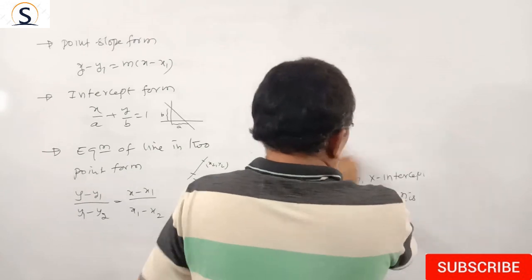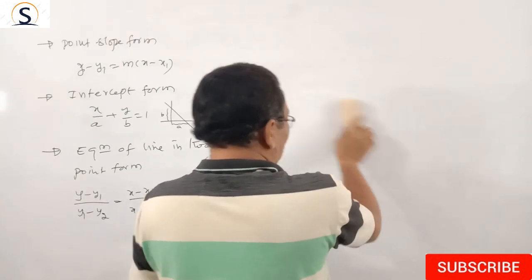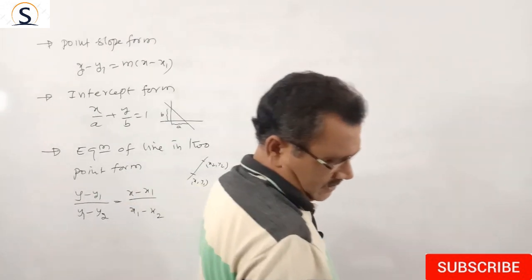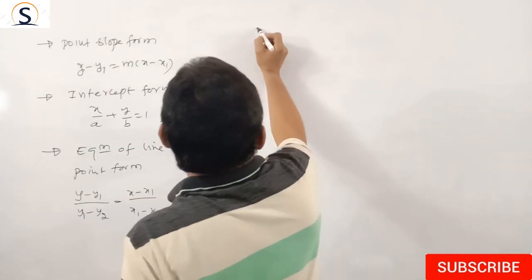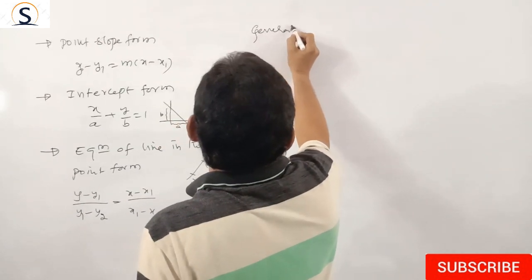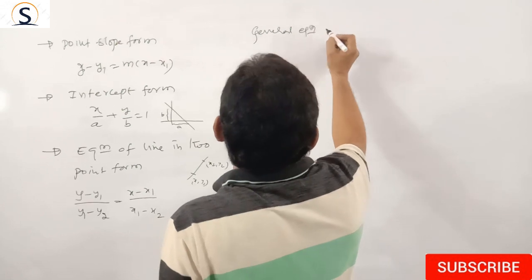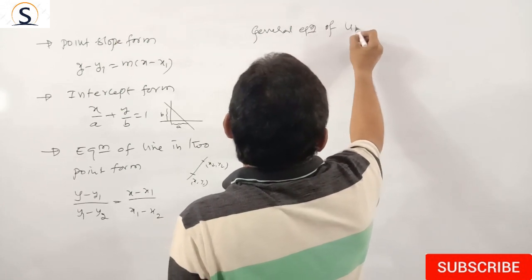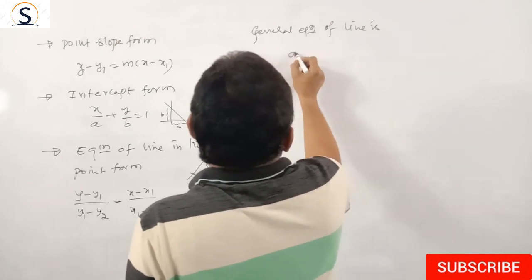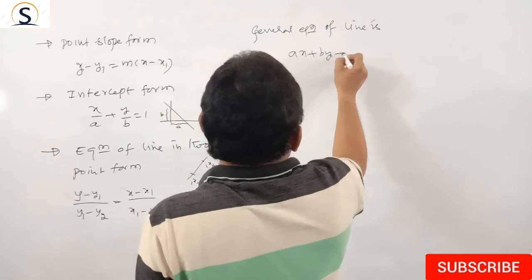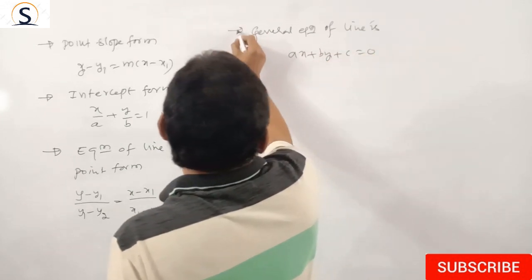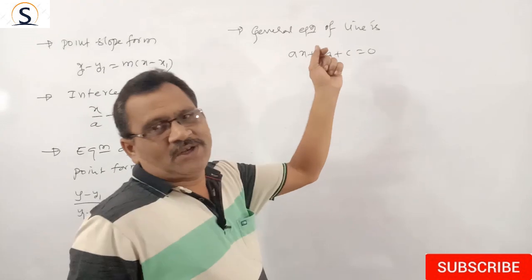Next, when two lines are parallel, their slopes are equal. Now the general form equation of line is ax plus by plus c is equal to 0. This is general form equation of a straight line.